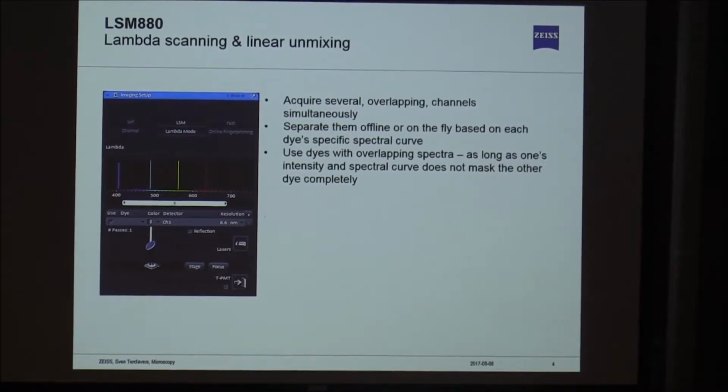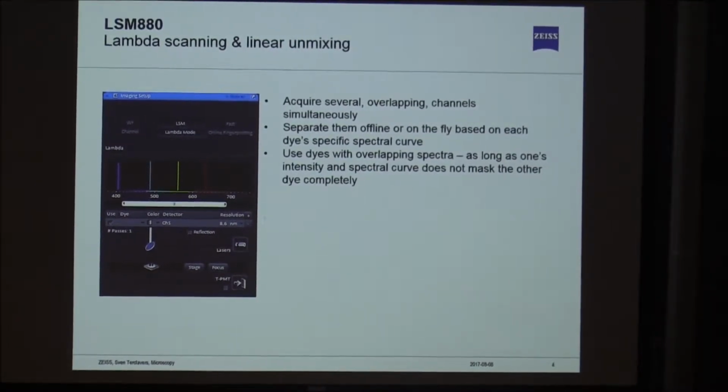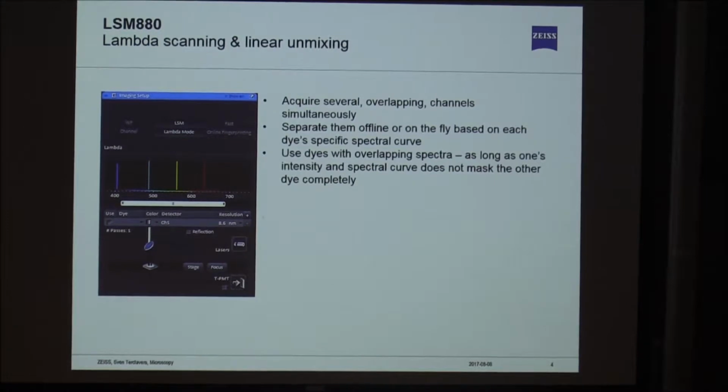The main advantage here is that it's not only limited to excluding autofluorescence or dividing dyes that are overlapping, such as, for example, Alexa 488 and Alexa 514. Those you cannot separate based on filters, but you can separate with lambda scanning.